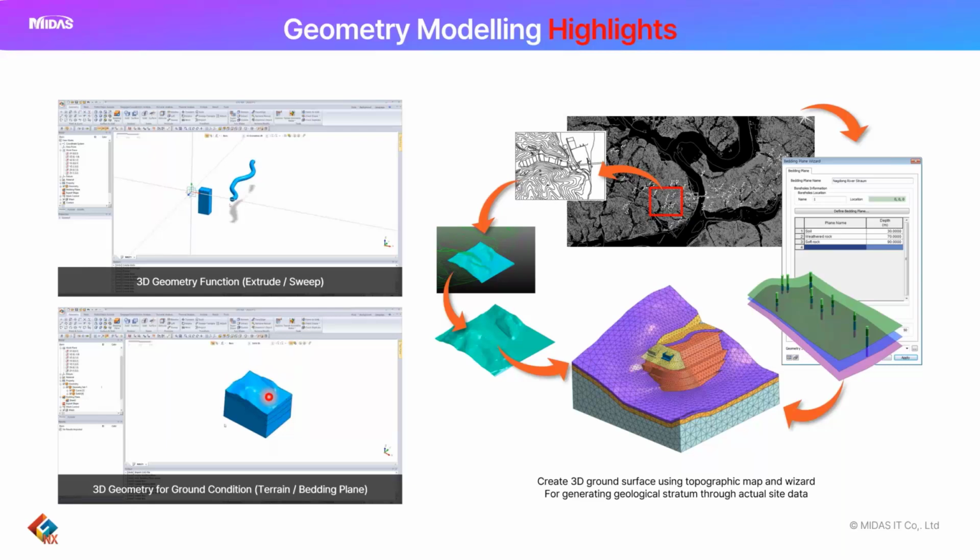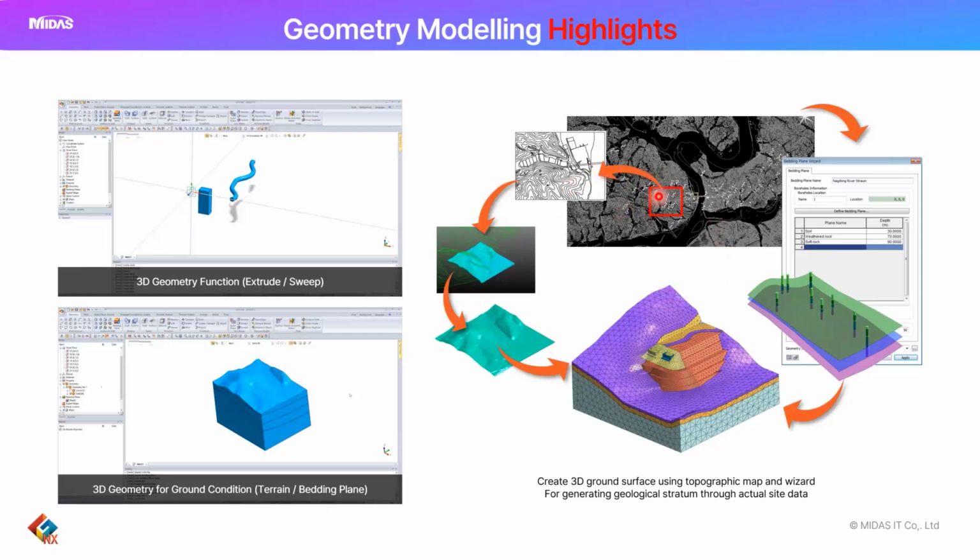There are many features in this software that can help you out in creating this kind of model in very less time. You may create any kind of solids that are changing their direction along the length, or you can create the terrain and soil layers easily using the features present in the software. We have one such feature called Terrain Geometry Maker.